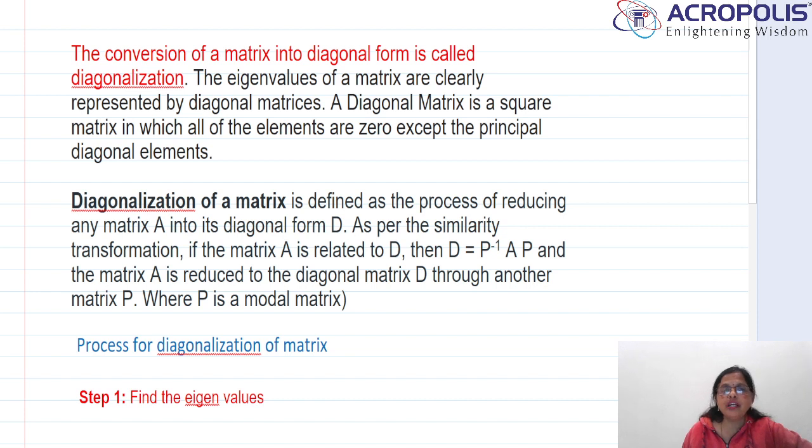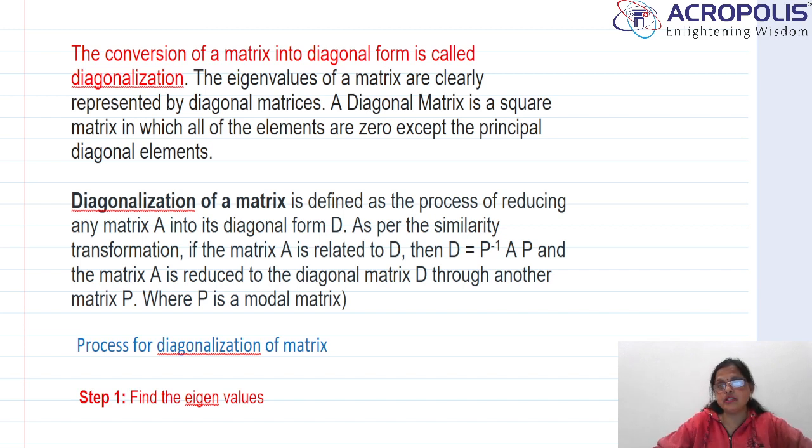So, diagonalization of matrix is defined as the process of reducing any matrix A into diagonal form D. Let us look at the process and solve an example of diagonalization in this video.